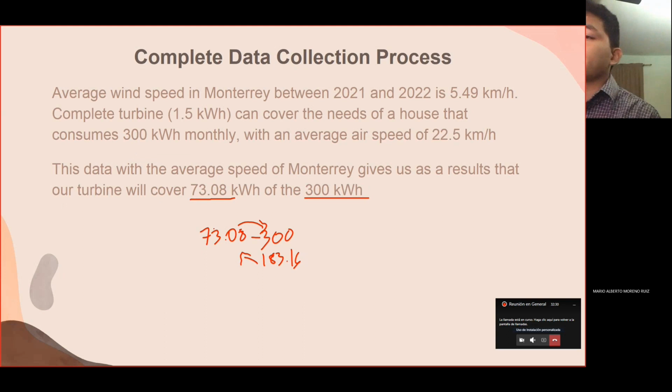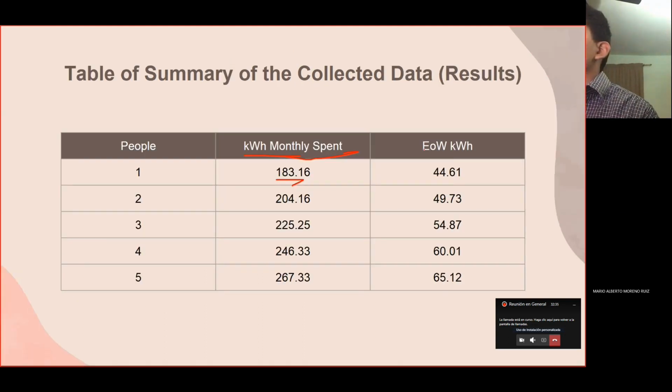And with that, we are going to get the value of here, that is of the monthly spend of one person, for example, how much we can help him to save, and also that 44 to be totally clean energy of our turbine, of our system.